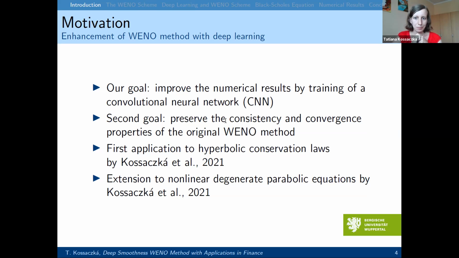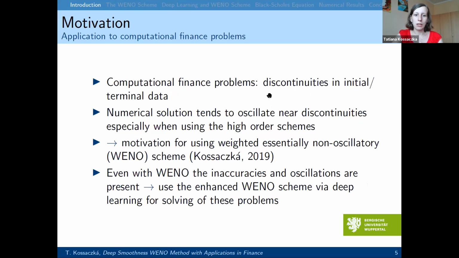We first applied our approach to hyperbolic conservation laws, and then we also extended it to nonlinear degenerate parabolic equations. Part of our current research is to apply this method also to computational finance problems, because as I said, this method is widely used in cases where strong discontinuities appear. This may be the case in computational finance problems, because we often have discontinuities in initial or terminal data.